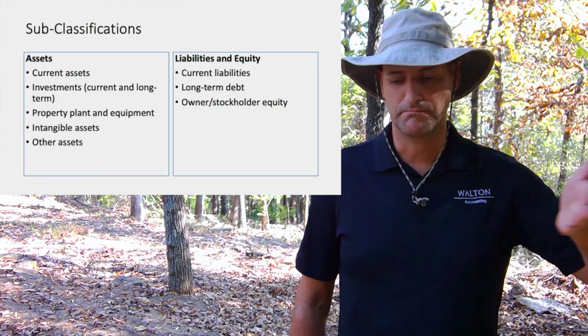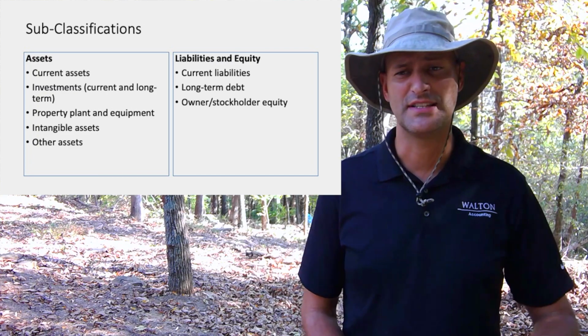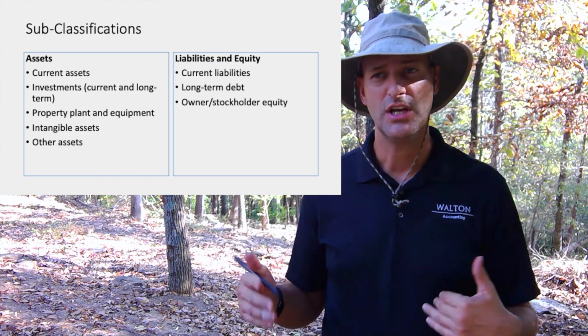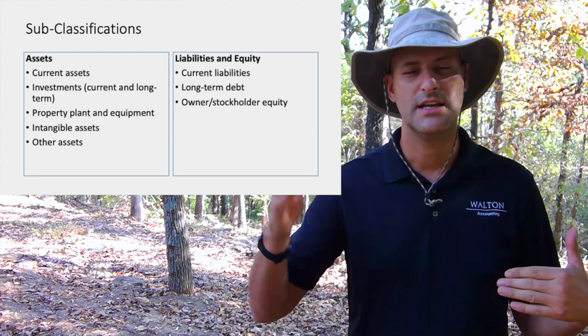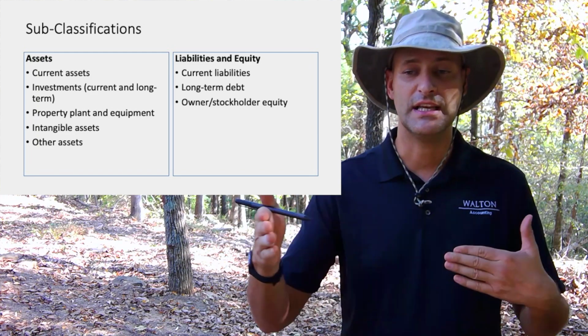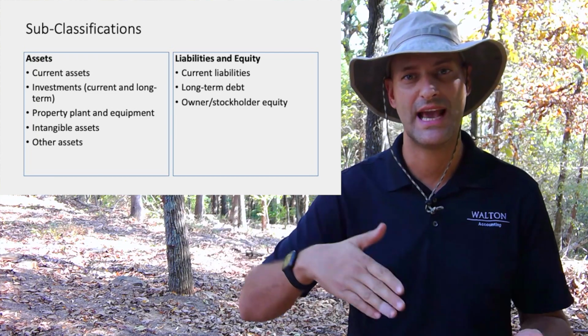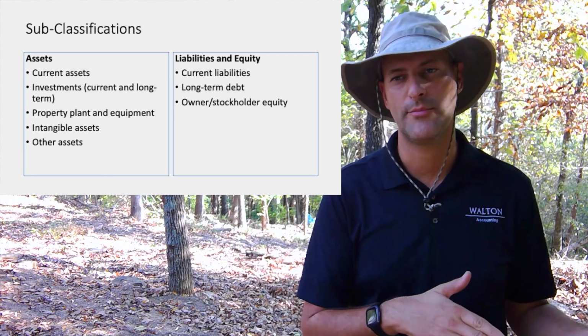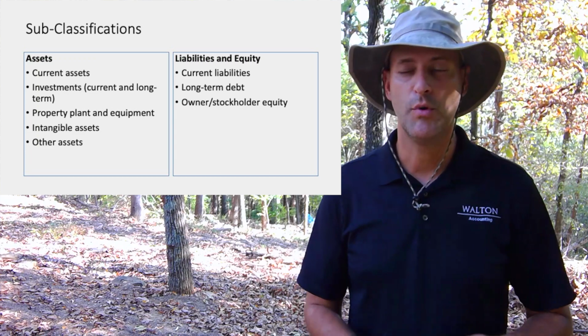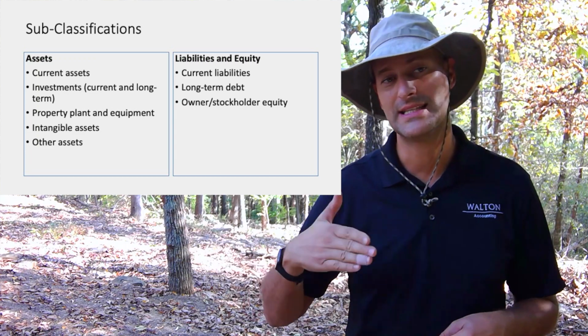Within those, we do have subclassifications. So within assets, we have current assets, and say current liabilities. Current assets and liabilities are things that will convert or require cash, or assets if it's a liability. So basically, on the asset side, a current asset will convert to cash within 1 year or one operating cycle, whichever is longer. Now, most companies' operating cycles are less than a year.